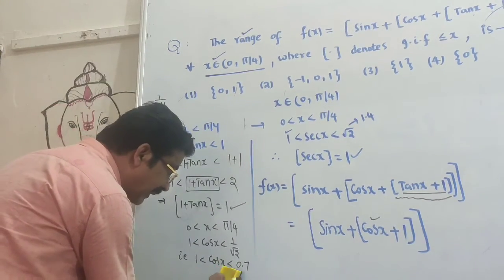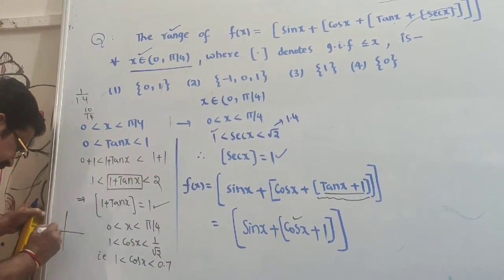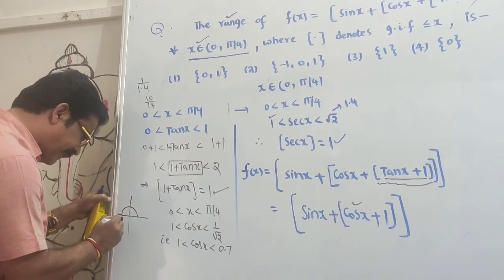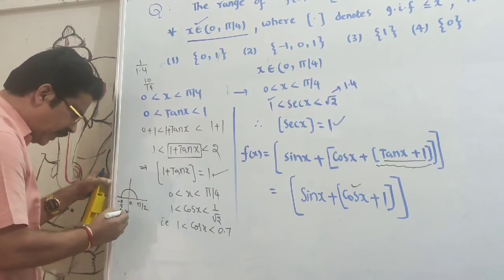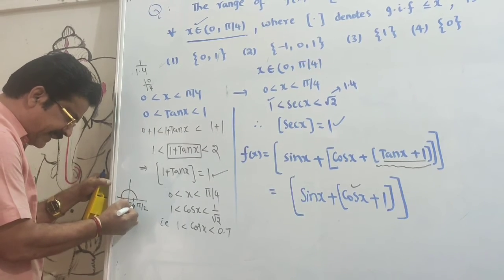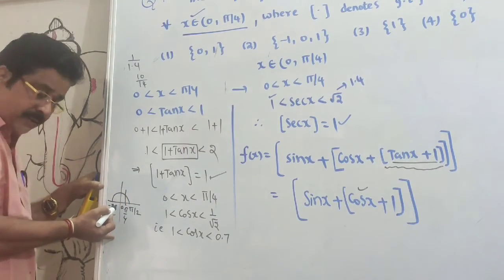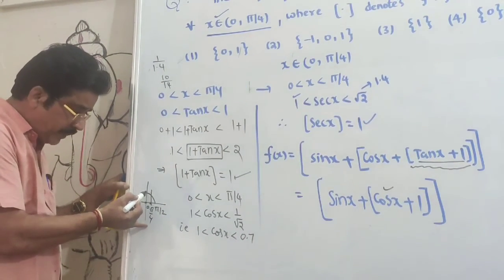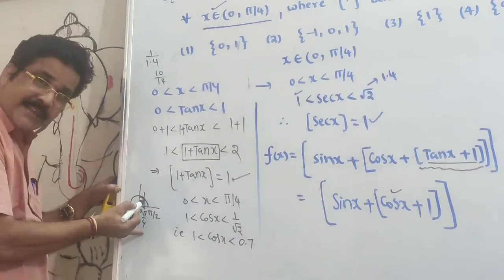But we should not write like that, because in the cos graph, with minus pi by 2, plus pi by 2, and 0 in the middle, and 45 degrees being pi by 4, from 0 to pi by 4 it is decreasing.